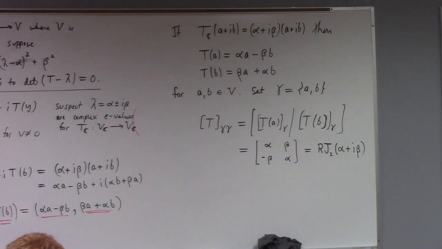Maybe I should put a 1 there, but I'm going to put a 2 there because it's a 2 by 2 block. Let's go with a 2 to match the size of it. It does correspond to just one complex eigenvector, though, doesn't it? Do you notice my example? I erased it.